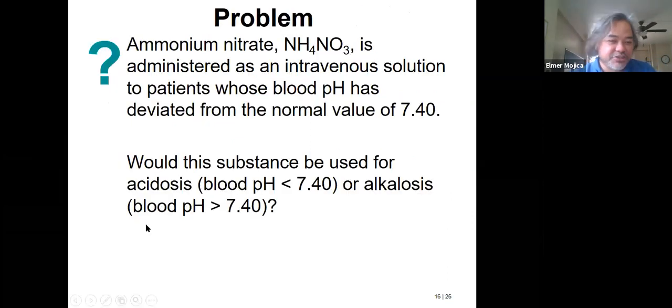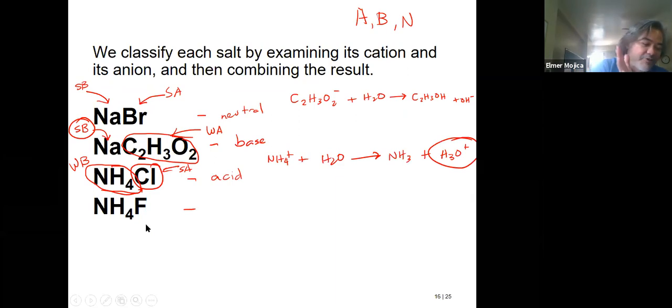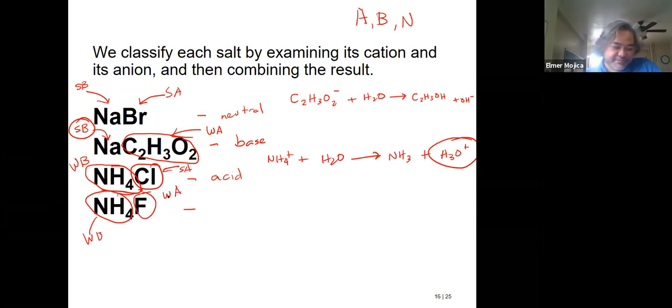Now the last one, we're going to go back to what we had at the beginning. So we say both of them came from this one, weak base, and this one, weak acid. So the way that we're going to compare this one is, let's say NH4 plus and F minus.